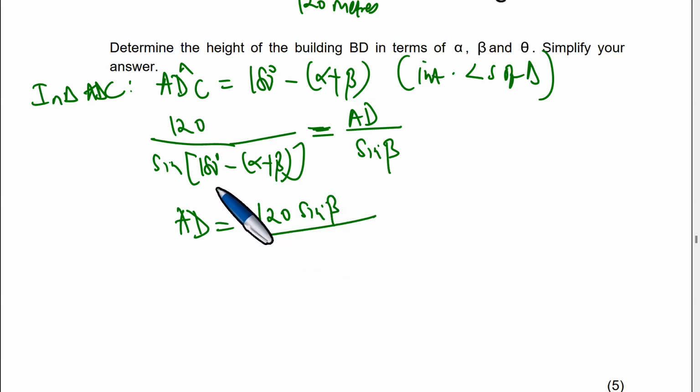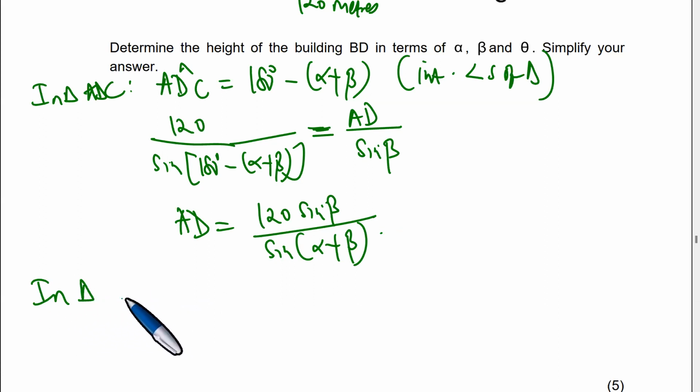So you have 180 minus, which is in the second quadrant, the sine of alpha plus beta. Right, so next we're going to work in triangle ABD.